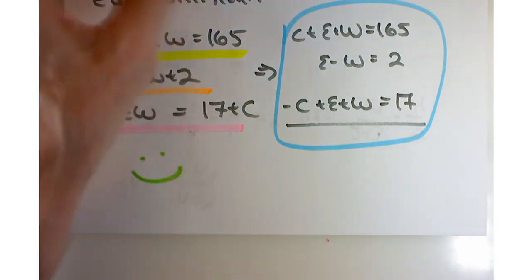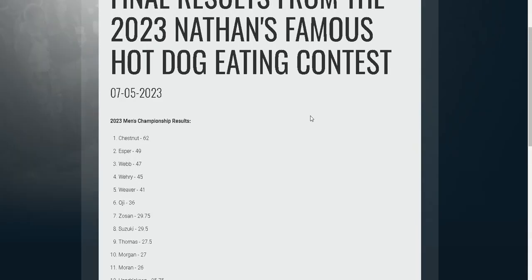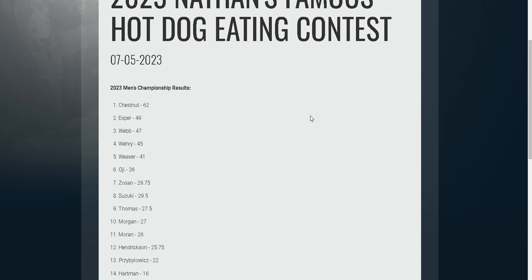Cool. And in case you're curious here, let's actually look up the results. There you go. 62. Joey Chestnut, 62. I don't know how long they take to get through that. Hopefully years. Maybe 10 minutes. Yeah, that's probably more hot dogs than I've eaten in quite a few years.